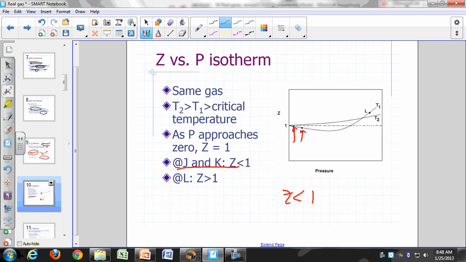Attractions or repulsions? Attractions. Okay, at point L over here, what happens? Repulsions. Z greater than 1. And notice T2 here is greater than T1. Like I said, the dip tends to occur at lower temperatures. As you go to much higher temperatures, eventually you may not see that dip.